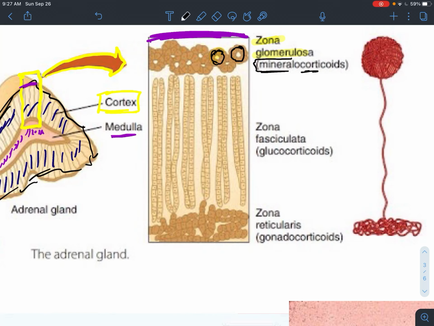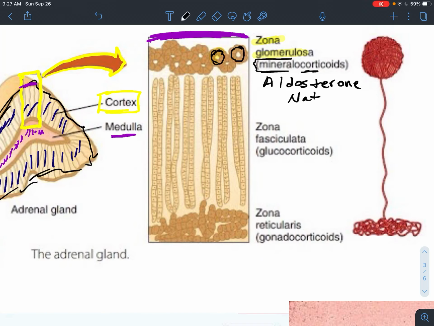And of course, the most famous one is going to be aldosterone, which works on sodium in order to regulate our blood pressure, right? So sodium is a mineral, right? Na plus is a mineral, and so therefore we can also call it a mineralocorticoid.